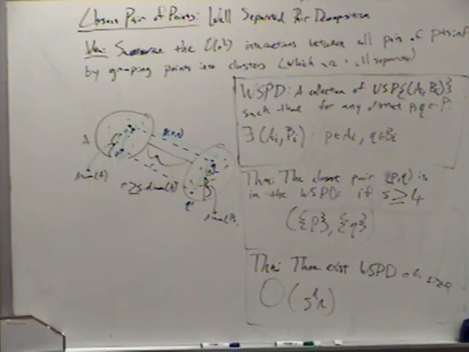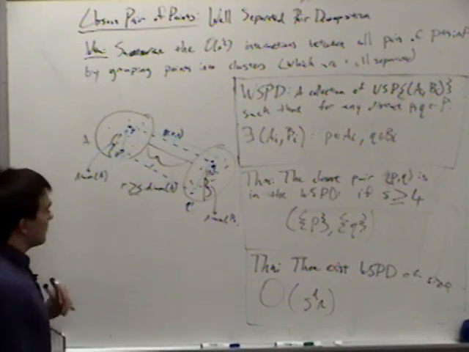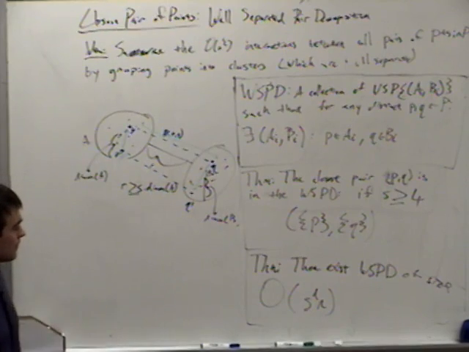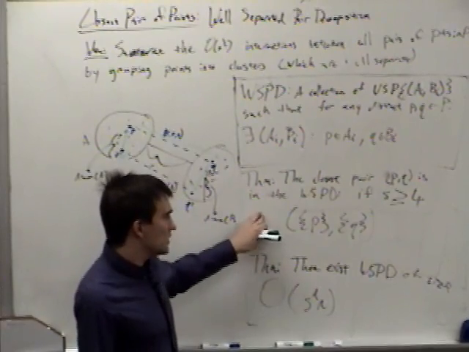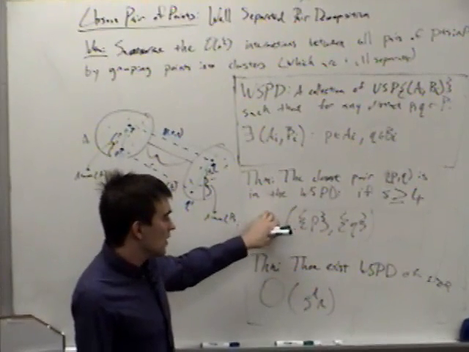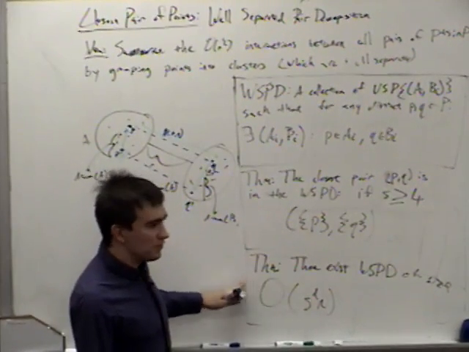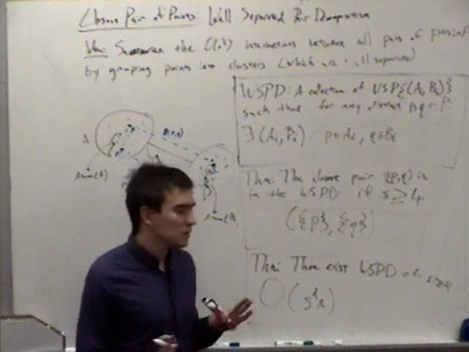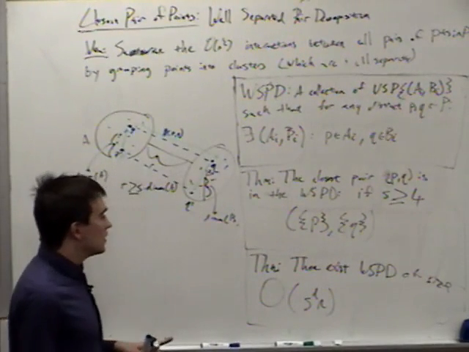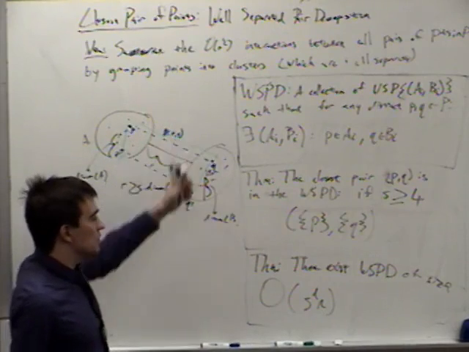OK, I don't have tons of time here. So this tells us that we can get the closest pair of points from a well-separated pair decomposition. And if we can build these things fast, which we won't see how to do today but will see later, then you can use this to get the closest pair relatively fast.